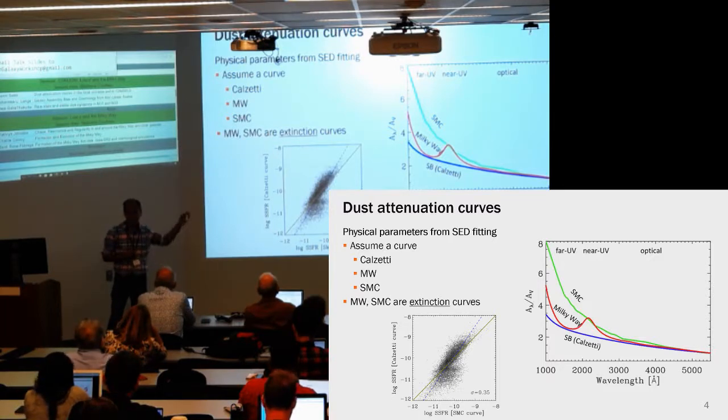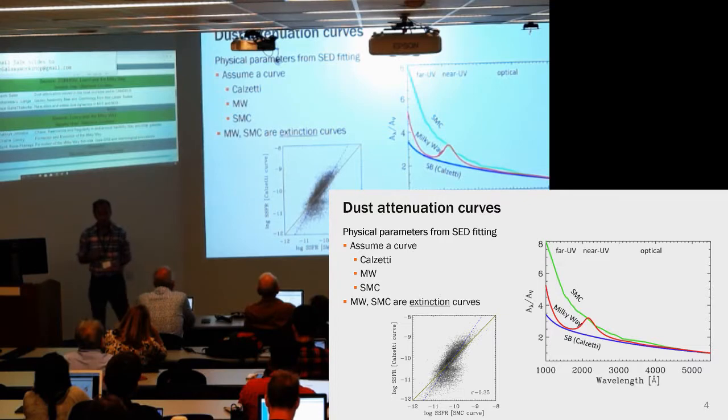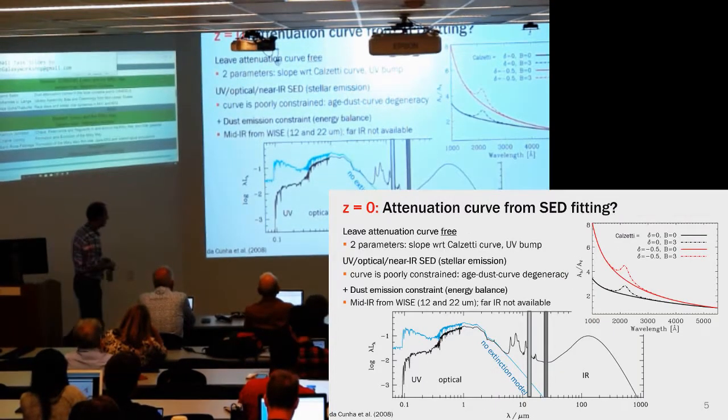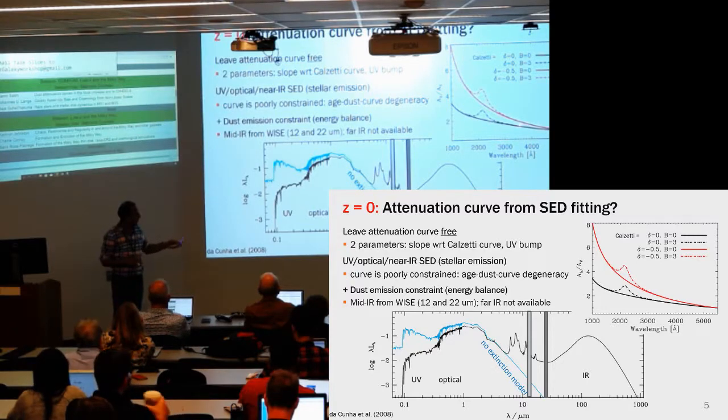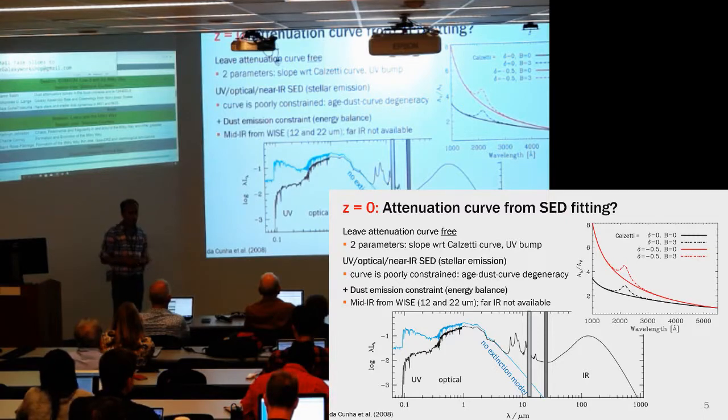Now, I just said that typically we assume a curve in the SED fitting, but it's not actually necessary to assume the curve. One could allow the curve to be a free parameter. And specifically, for simplicity, we parameterize the curve with two numbers. One is the slope, and the second number is the intensity of the UV bump.